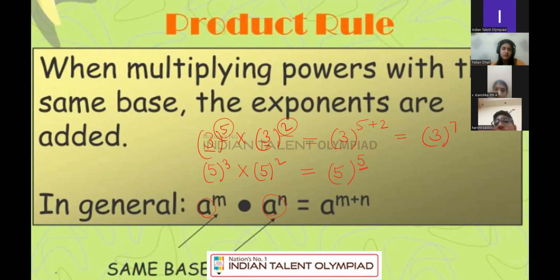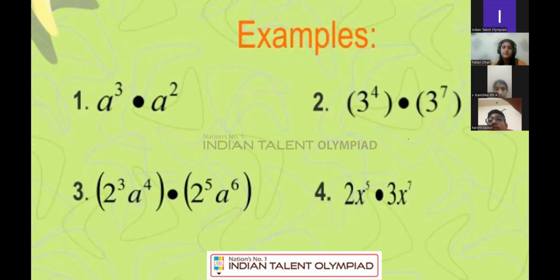Okay. Advika, can you please tell me the answer for the first one here? a to the power of 3 plus 2, which is a to the power of 5. Okay.